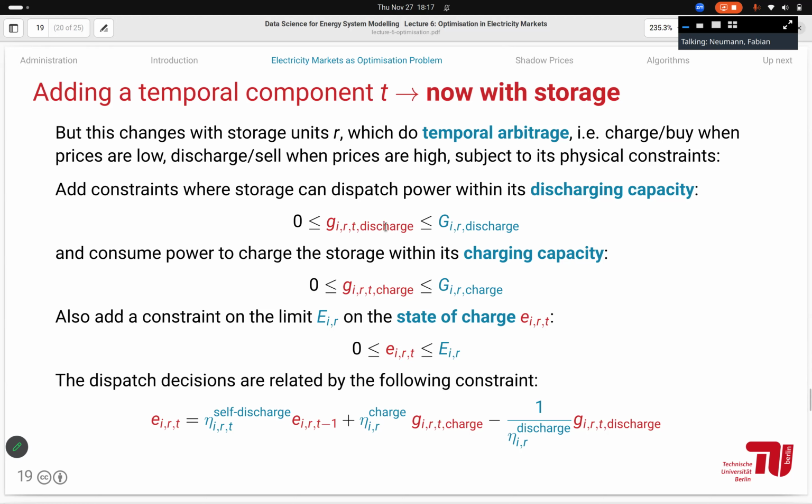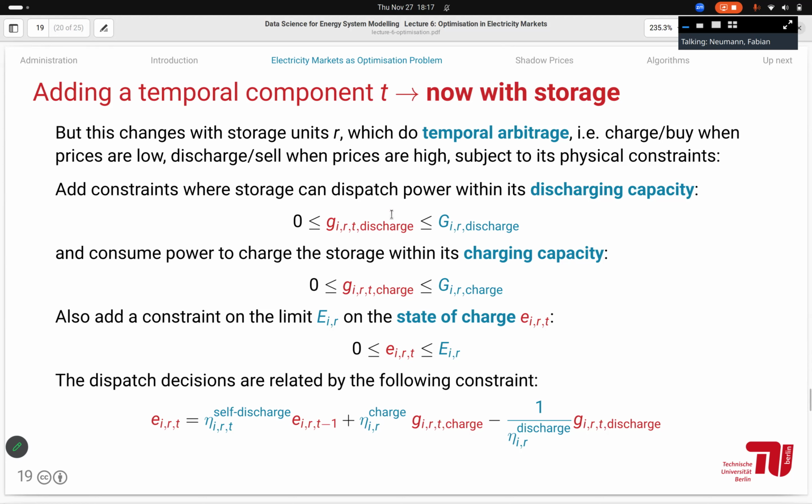So here we have limits on the discharging capacity decisions, the charging capacity decisions, and there's also a variable for the state of charge that also has to stay within the storage unit's energy capacity.